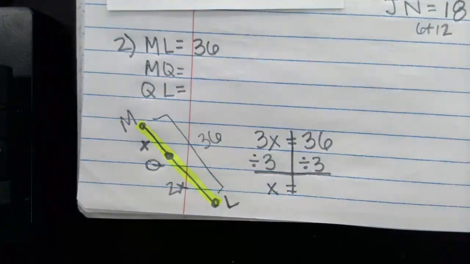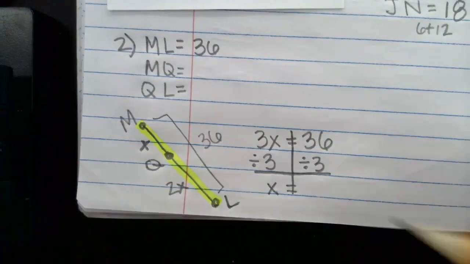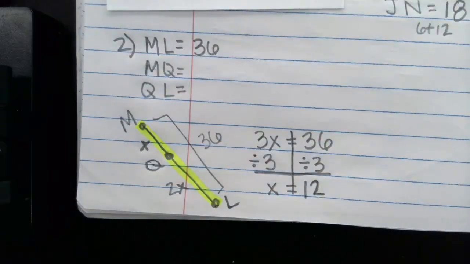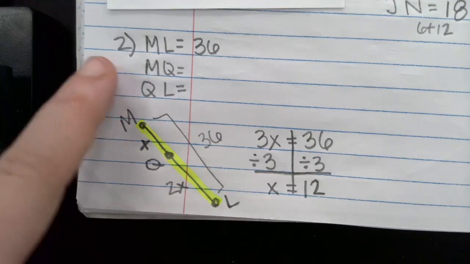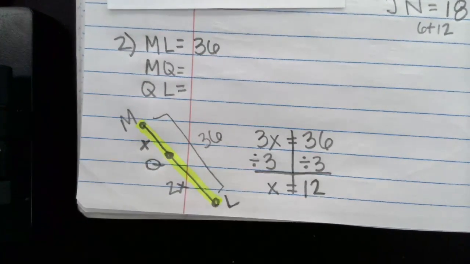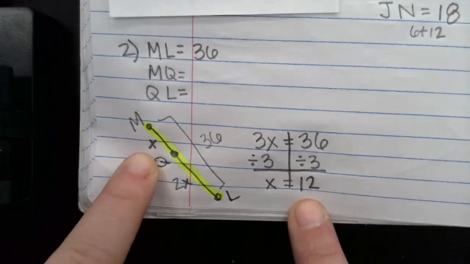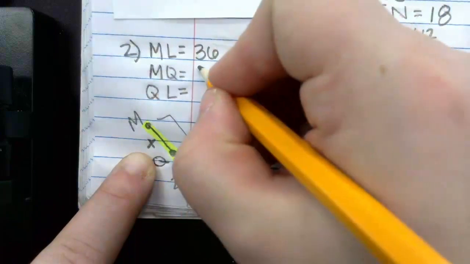Anyone our human calculator today? 36 divided by 3? 12? All right, so is 12 going to be MQ or QL? MQ, because MQ was just X, and X is now just 12. So 12.